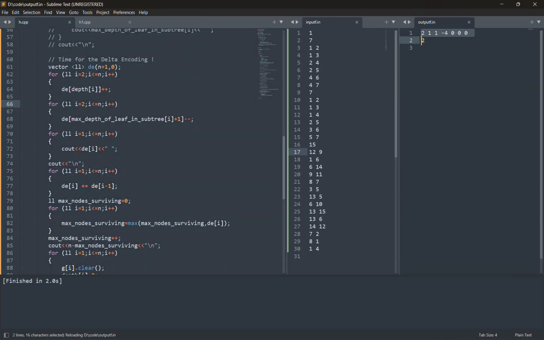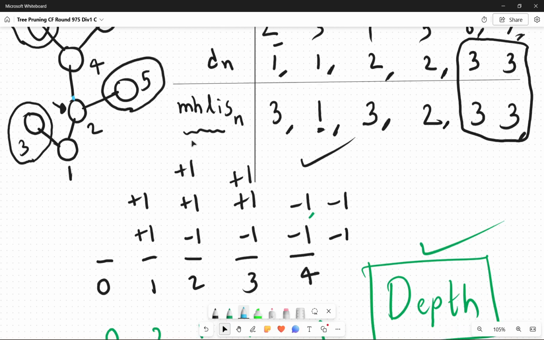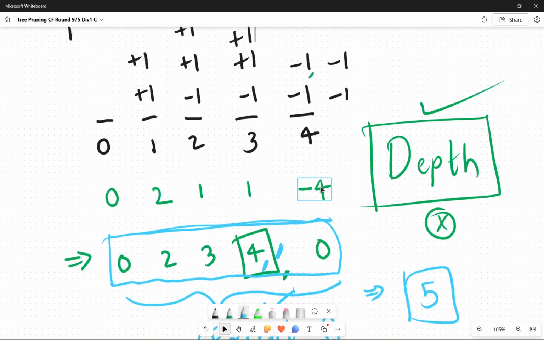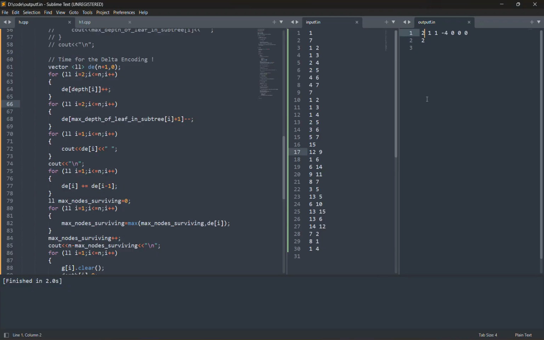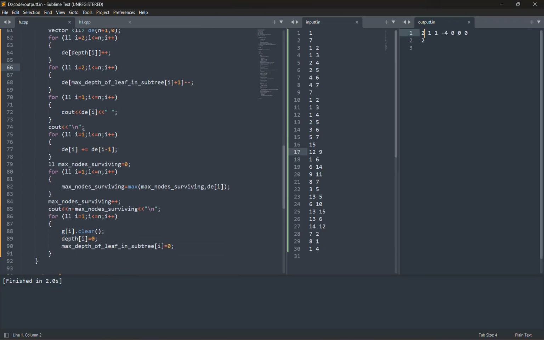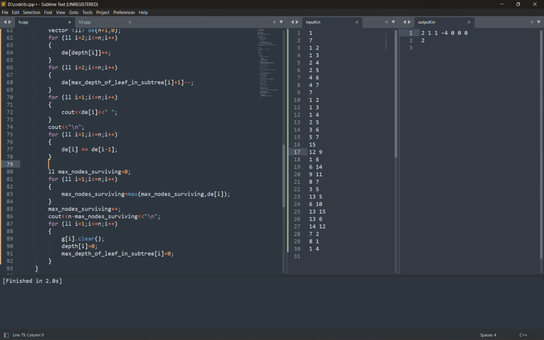So see here, our DE array is 2 1 1 minus 4. And what is it after the prefix sums?